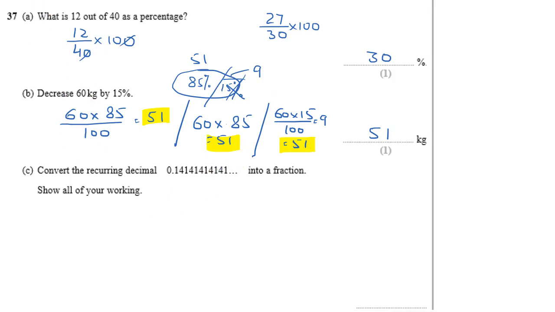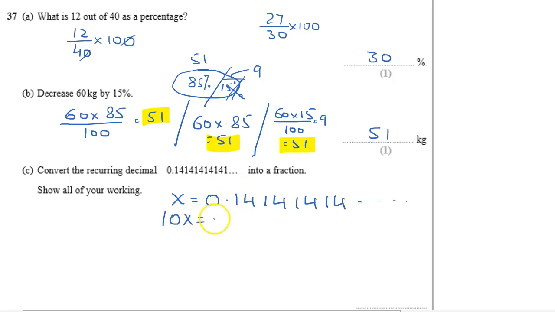For recurring decimals, we write x is equal to 0.141414. Now if I multiply it by 10, this 1 will come here. So 10x is equal to 1.41414141.